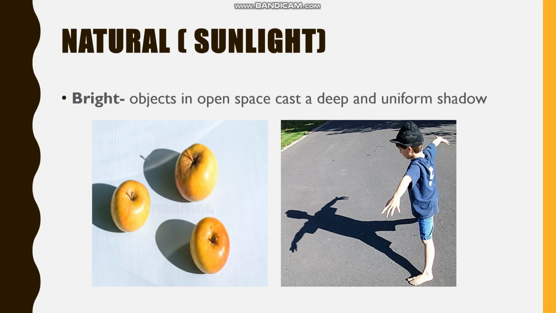So, it is the most used light source nga sa photography, and it is free. Kaya naman, di ba, si light, once na may araw dyan, it is free and no need to be transported. Not unlike dun sa mga artificial lights natin, na bibit-bitin mo pa si flashlight, bibit-bitin mo pa si ring light, and so on. Si natural light that is coming from the sunlight, it is free once na yan ay nandyan.